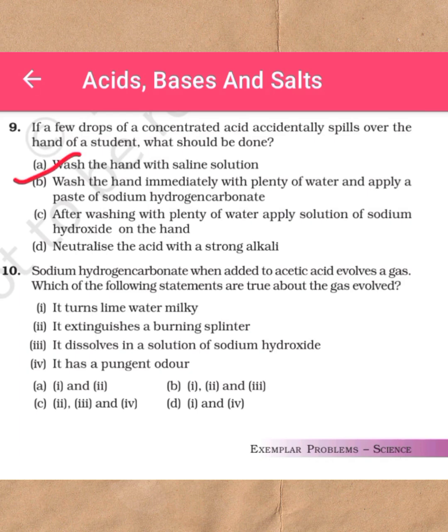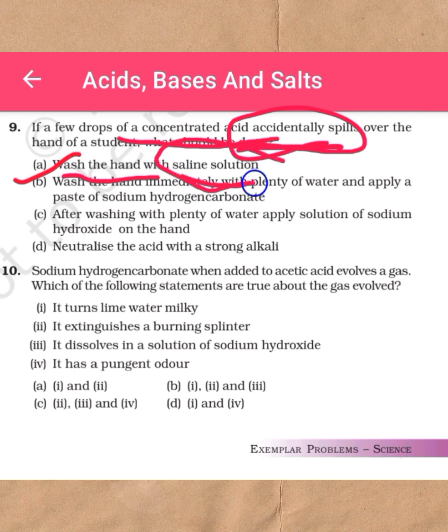Concentrated acid is usually more dangerous to the skin. If it spills over the hand of a student, what should be done during this accident? So the first option is given here: wash the hand with saline solution.